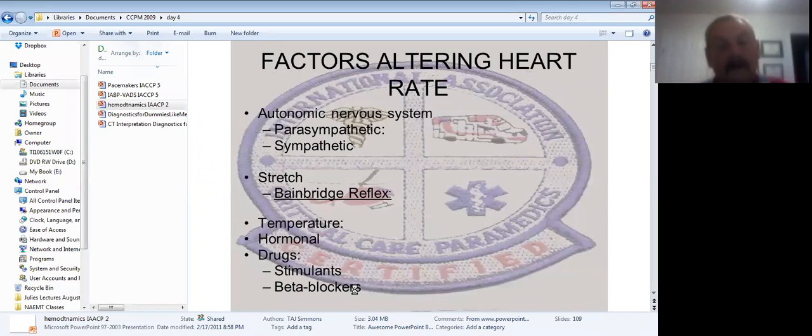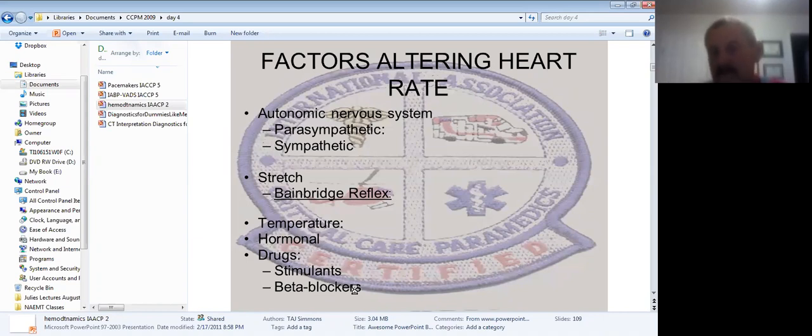So things that may be altered in our patient that can affect heart rate, which is of course a component of cardiac output, are the parasympathetic and sympathetic sides of the autonomic nervous system. The parasympathetic side is kind of the braking side and the sympathetic side is sort of the accelerator side. Those can drive the heart rate in compensation.